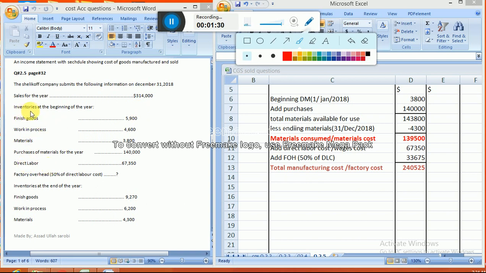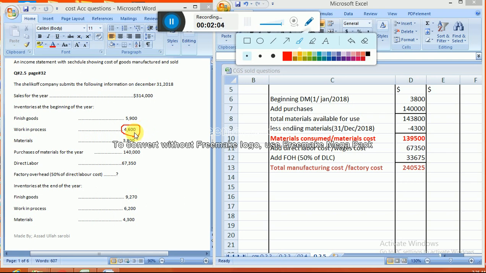If we look at the question, it is clearly given. We will look at the beginning inventory. Work in process, 4,600, is shown in the beginning inventory. What does it mean? It means that when 2017 finished, on December 31st 2017, 4,600 of material remained in work in process.